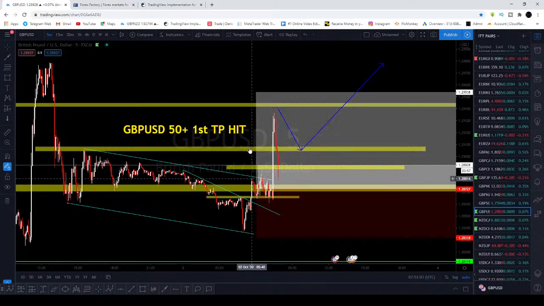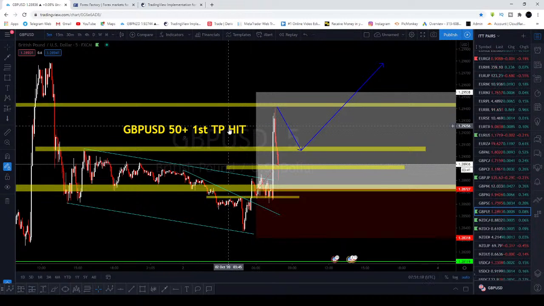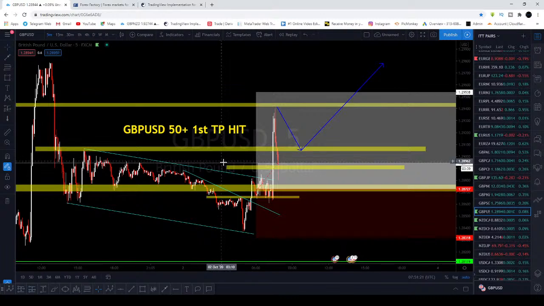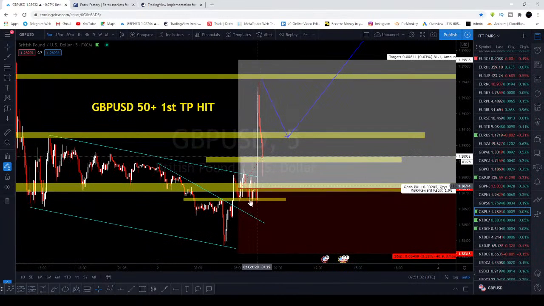This is pure manipulation, and big banks are playing us. I've told you this is just early retracement and pure manipulation going on. So if care is not taken, they might ride it all the way to where our entry point is.